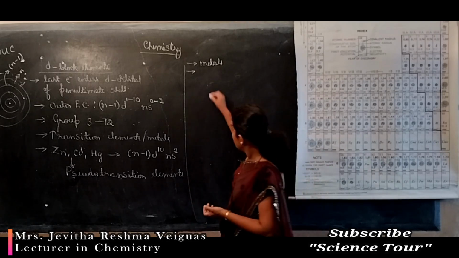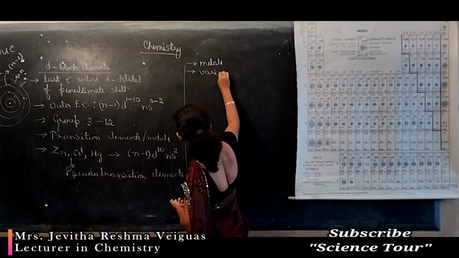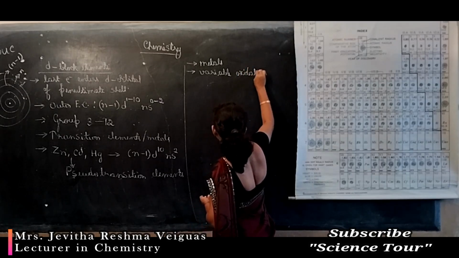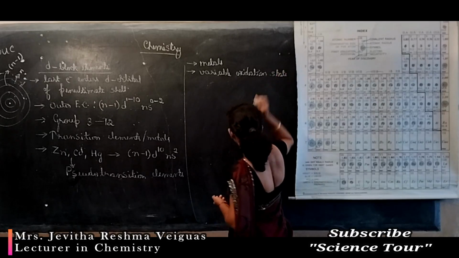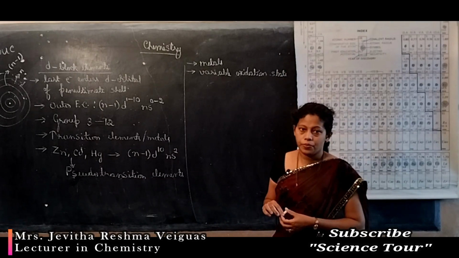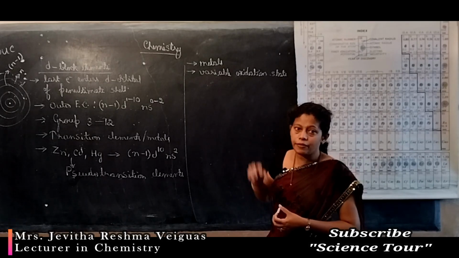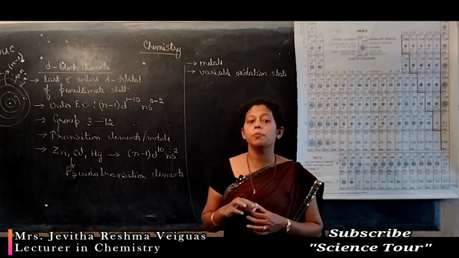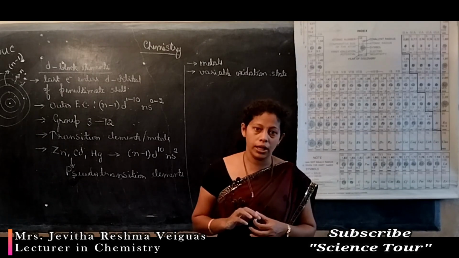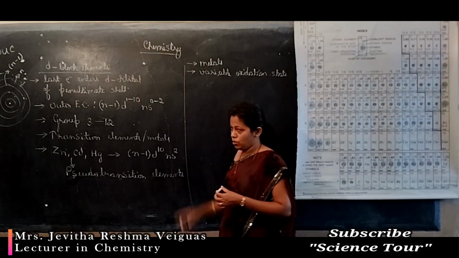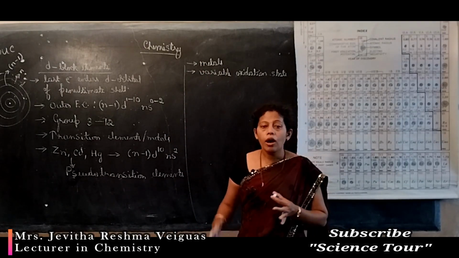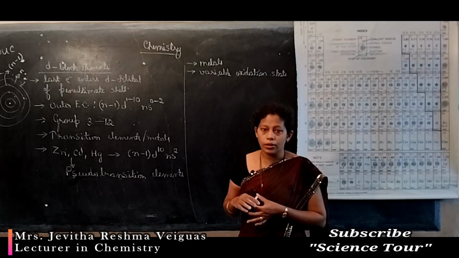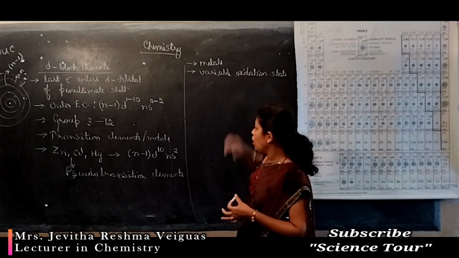Hence, they have variable oxidation states. Oxidation state is the charge possessed by an atom by losing or gaining electrons. Here, being metals, they lose electrons. These elements have a number of oxidation states because they may lose more than 1 electron. Hence, they have variable oxidation states.